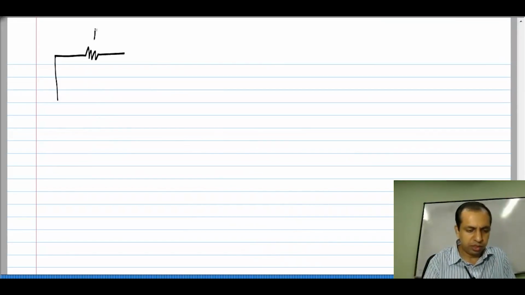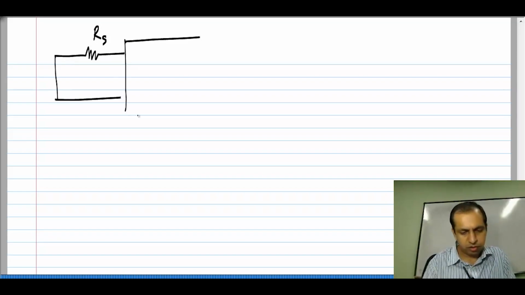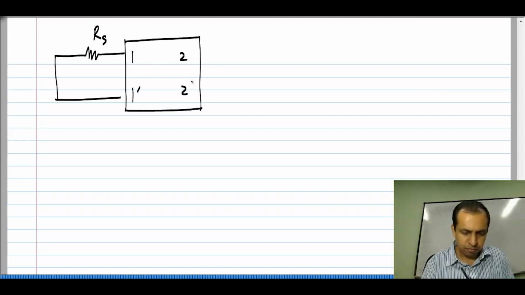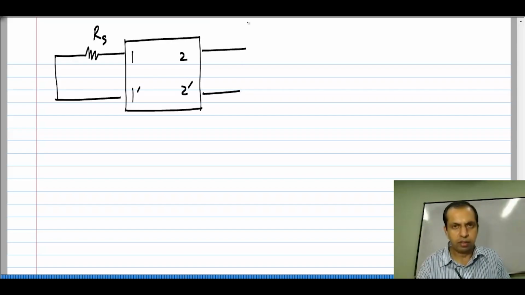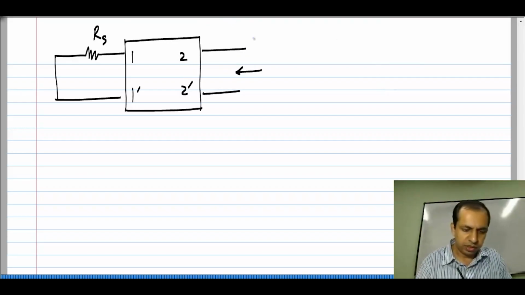For that, we set the independent source Vs to 0, we have Rs and we have to find the resistance looking back into this one. That is, for instance, this is V2 and this is I2.